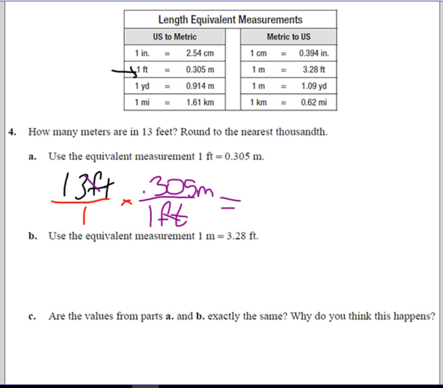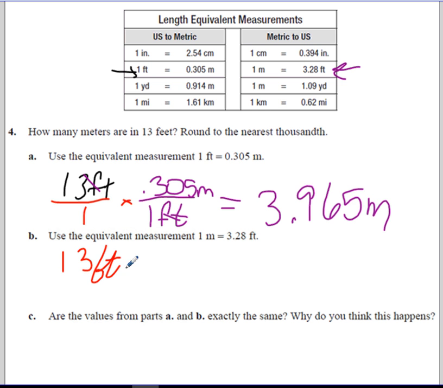And when we multiply, we get 3.965 meters. Now they want us to use the metric to US conversion of 1 meter equals 3.28 feet. So we'll start with our 13 feet, and we're multiplying it now by 1 meter over 3.28 feet.